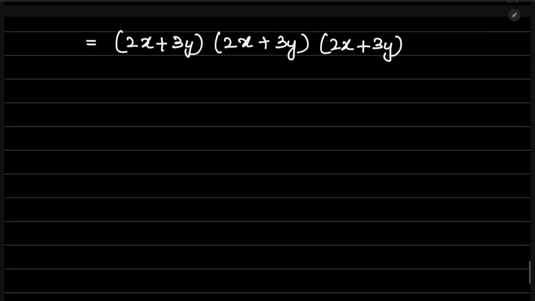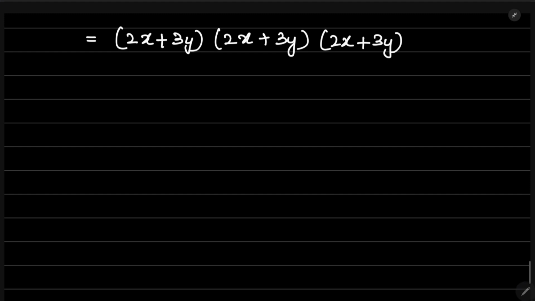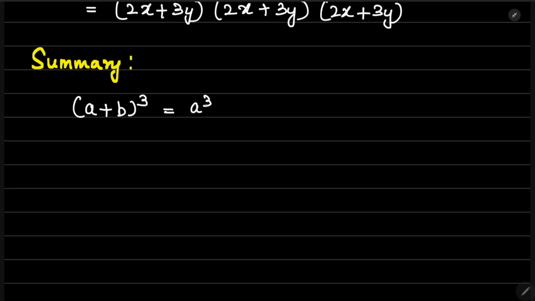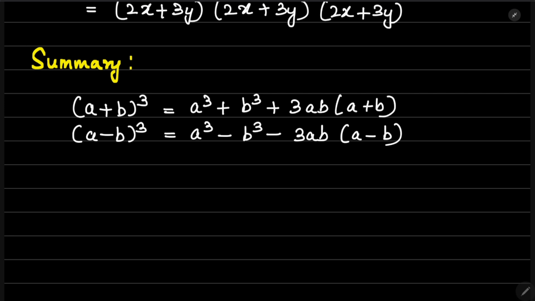In the next class, what we will see is, let me again give a summary of today's class. The identity that we learnt is a plus b the whole cube, which is nothing but a cube plus b cube plus 3ab into a plus b. Okay. So now there is another identity, which is the identity for the sum and the difference of the cubes.